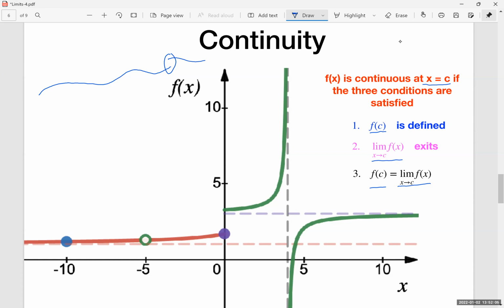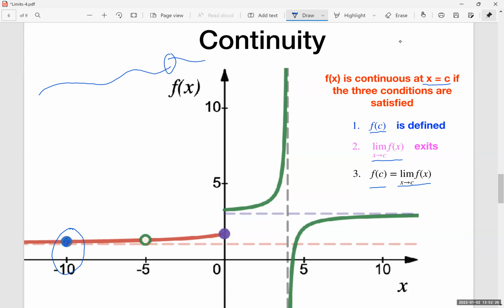Now we can look at the graph here. Let's look at the point when x equals -10. At this point, you can see the graph is smooth through this point, right? And apparently f of -10 is defined.